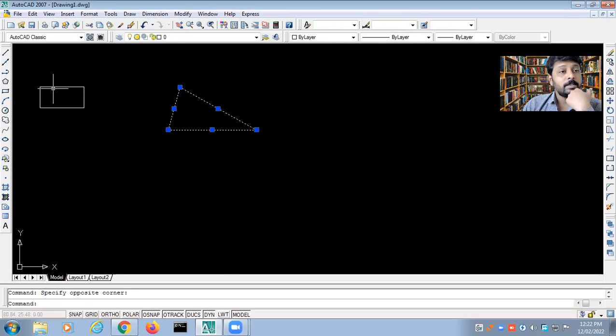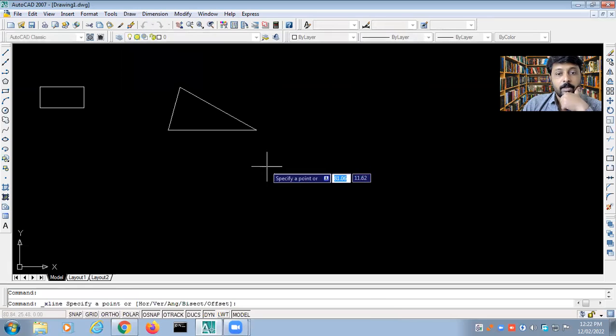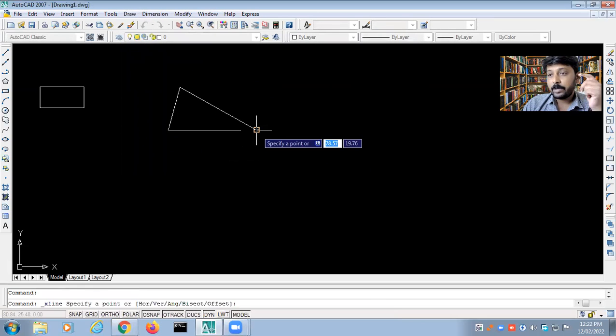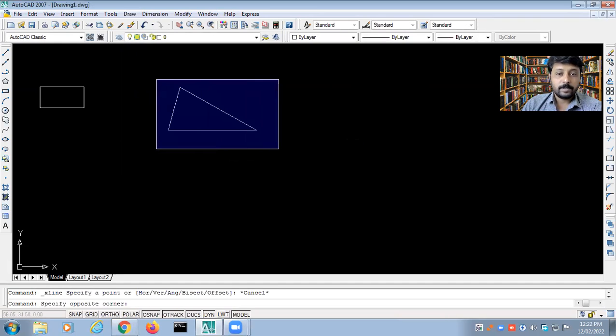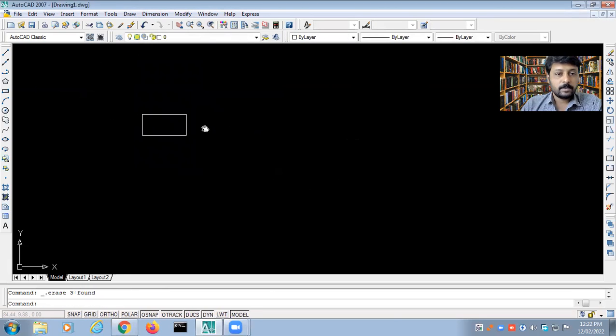Now let us see what other things we have in the draw command. We have the line command that we have used. Now, the construction line. What happens? Sometimes you have to take projections. Suppose we take this example.